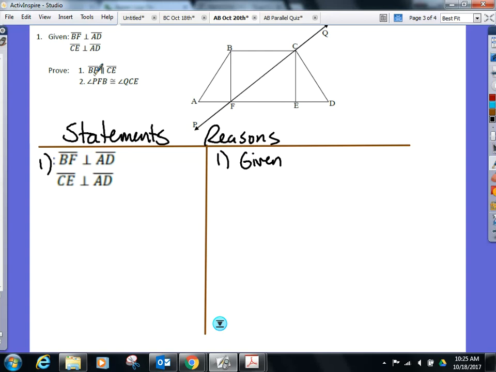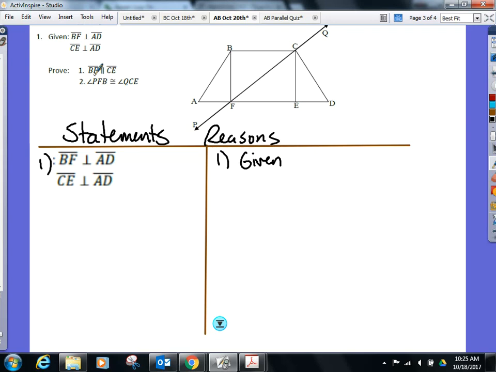And that says the following. If you take a look at BF, it's perpendicular to AD. And so CE, CE is perpendicular to AD. And I know from my theorems that if I have 2 lines, BF and CE, that are perpendicular to the same line, in our case AD, those 2 lines have to be parallel to each other.